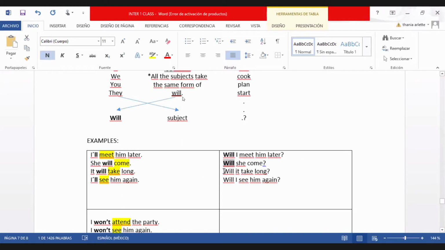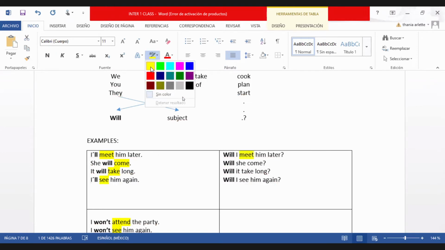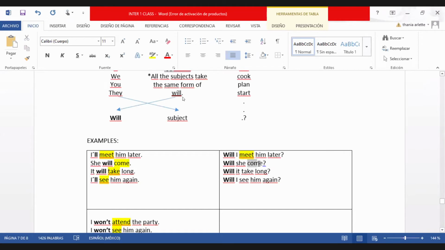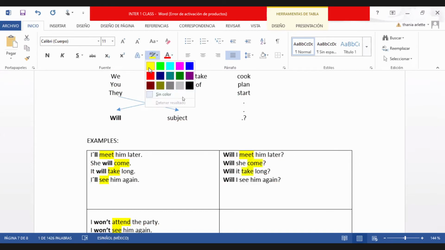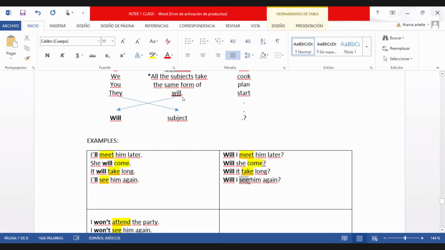Yeah? By putting will here. Then the subject, and then again the verb in the infinitive form. Will I meet? Will she come? Will it take? Will I see?